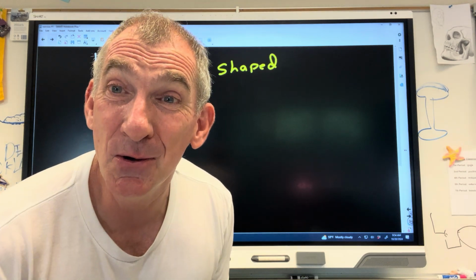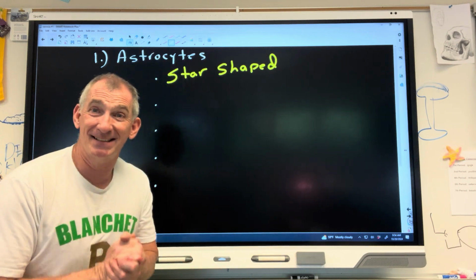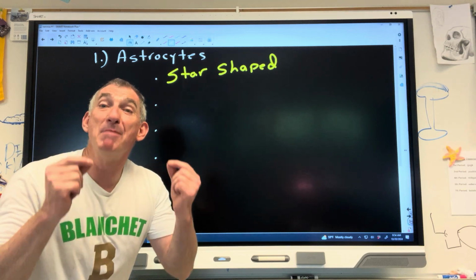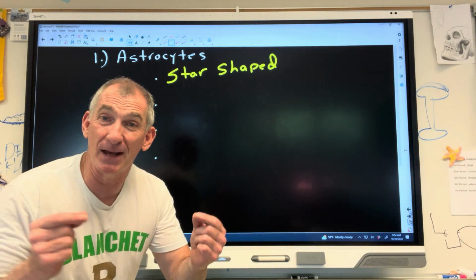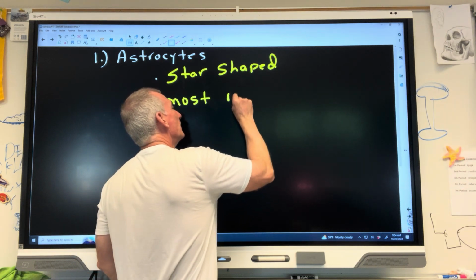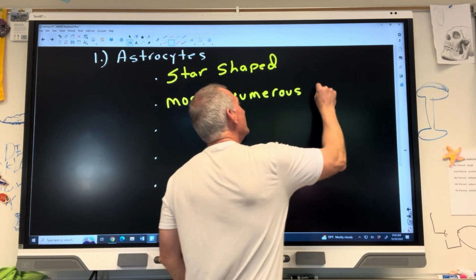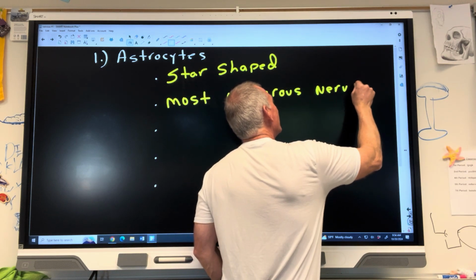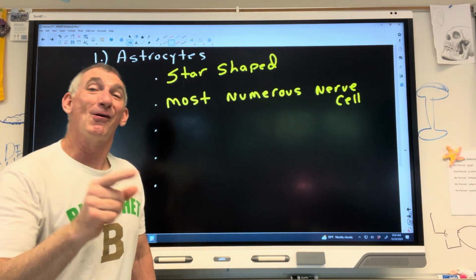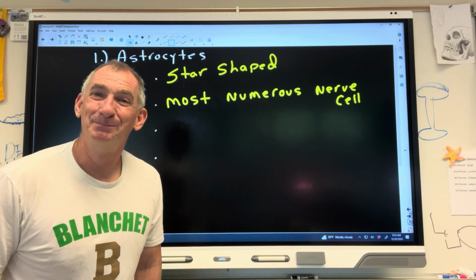It's going to be a huge test, with so many questions on it. And I love this fact: it's the most numerous nerve cell. There's more astrocytes in your body than any other type of nerve cell.